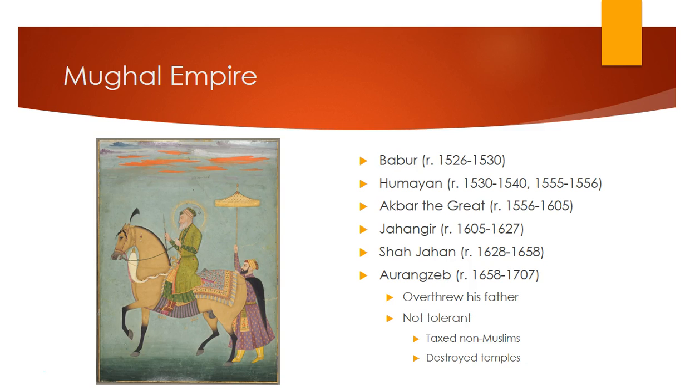He destroyed Hindu temples like his father had, but these weren't just newer Hindu temples. These were some of the bigger, more well-known temples, including 3 of the holiest sites in Hindu culture. So 3 of those temples were completely destroyed, and in their place he would build mosques.